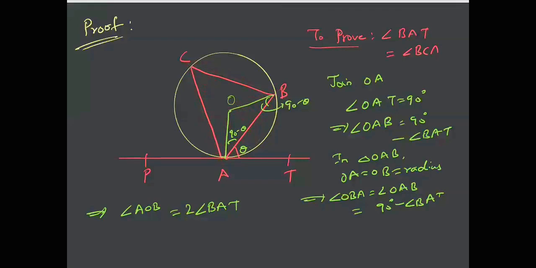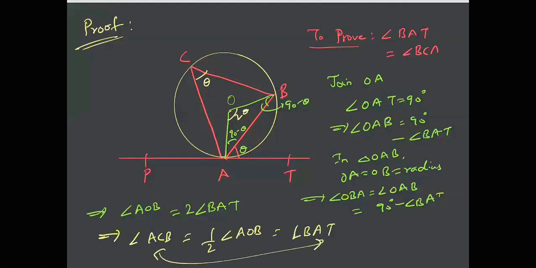So if this is 2 theta, then this is theta. So angle ACB is equal to half of angle AOB, which is equal to angle BAT. So angle ACB is nothing but angle BAT.